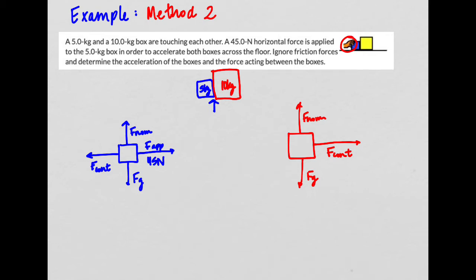This contact force is caused by the 45 newton force, but it's not the applied 45 newton force. We're not going to write the applied force twice, because then overall it would give us a combined net force of 90 newtons, but that's not right. So those are the two free body diagrams for these two individual objects.